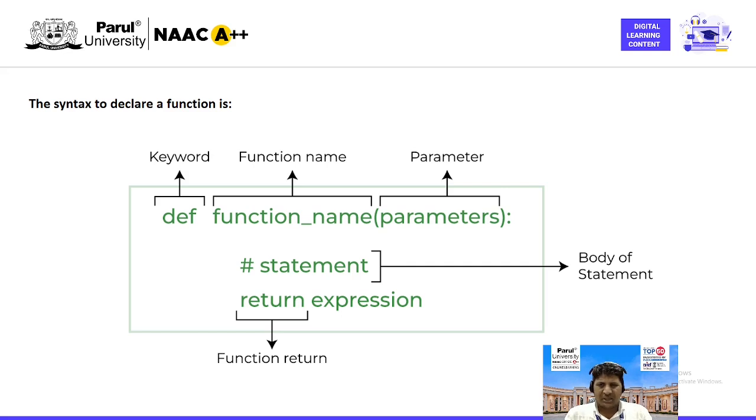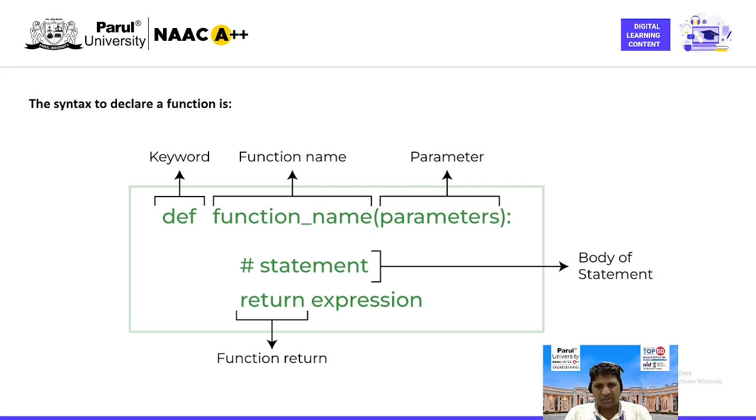Def is a case sensitive keyword, always written in small letters. And then we write the function name. You can give the function any name, like abc or sum or print or hello, whatever.